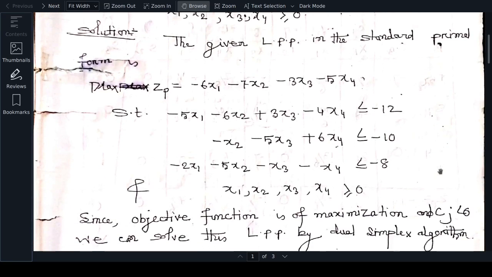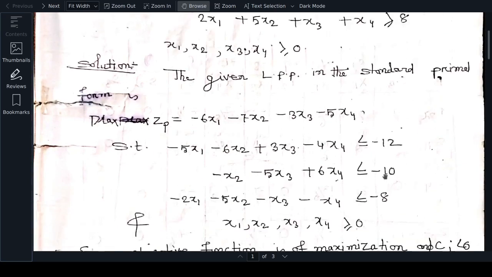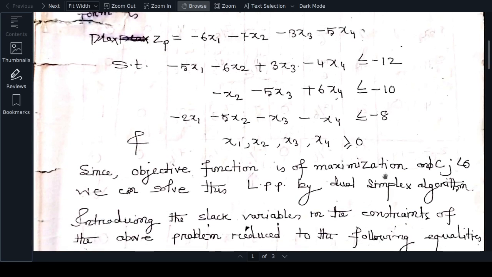And next we convert the inequality symbol, greater than to less than or equal to, then we multiply both sides by minus 1 for the first constraint, similarly the second constraint, then the third constraint. Then we get the standard form, right?